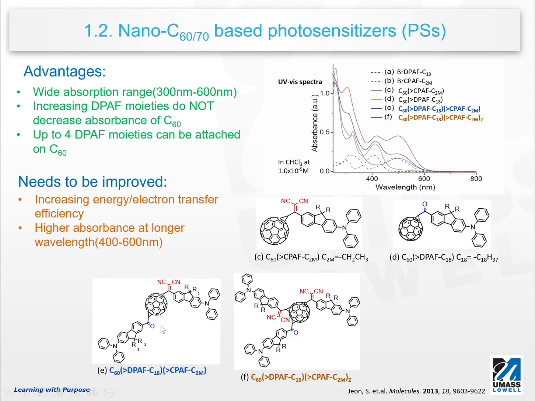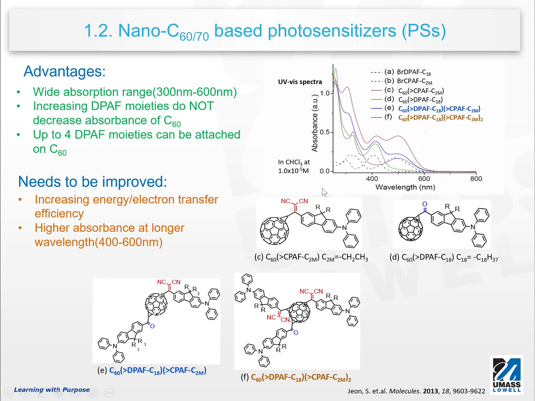If we compare E with either C or D, this blue line with either the green line or brown line, you will see the absorption of C60 is not decreasing much. So that means the whole system still remains fully conjugated. And also, we find out that we can attach as many as 4 DPAF moiety on the C60 surface.